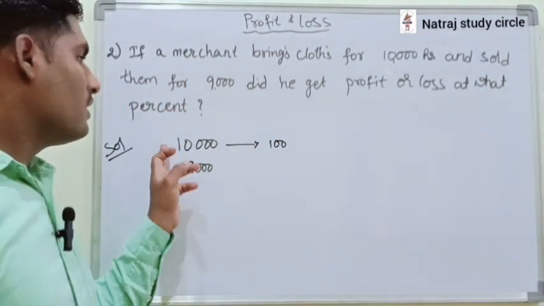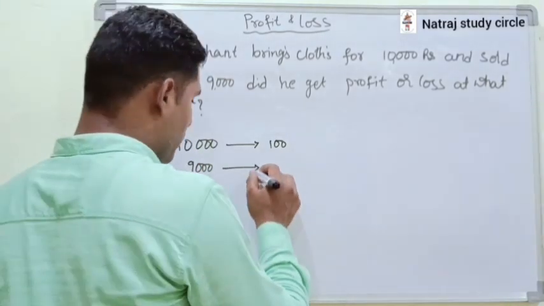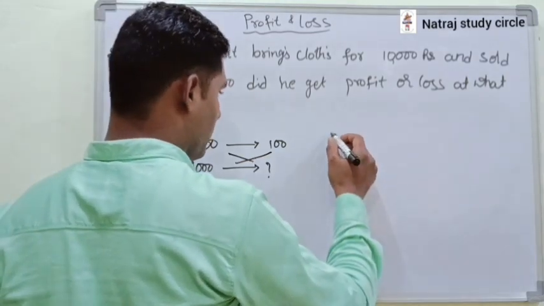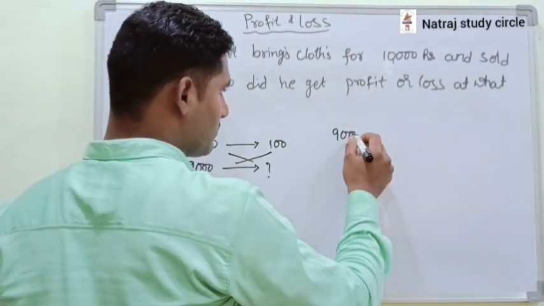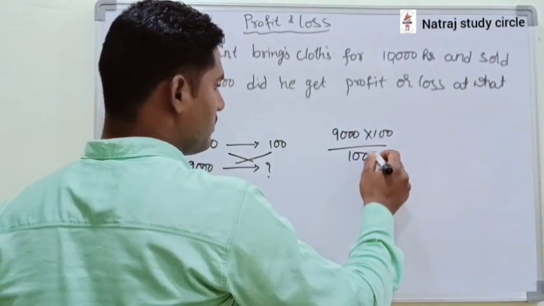The 10,000 can be taken as 100%. And what is the percent of 9,000? It is cross multiplication: 9,000 into 100 by 10,000.